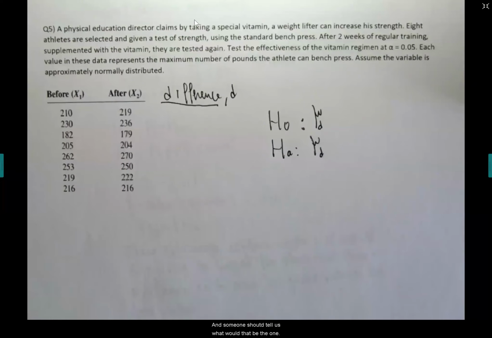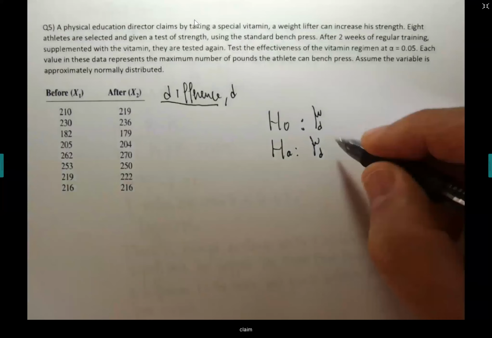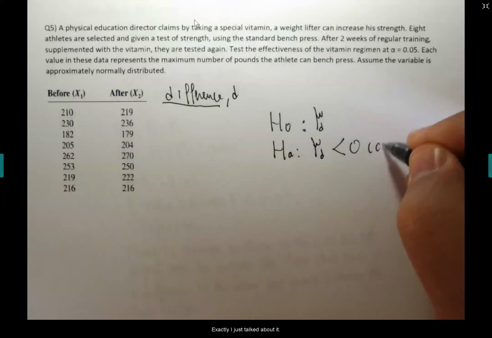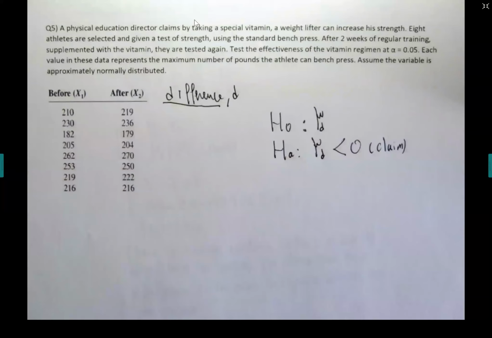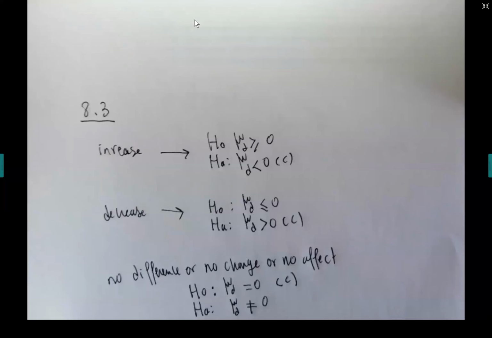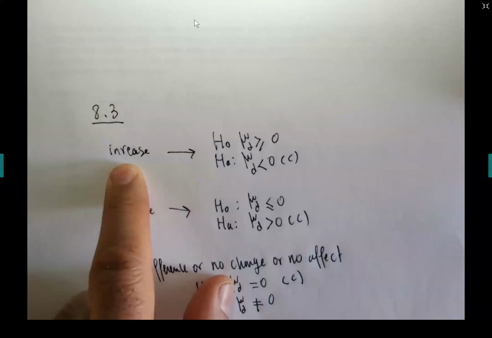What would that be, the word, the sign? Yes, less than 0. Claim, exactly. Just talk about it, guys. Stick to this handout. See, the word increase means less than 0. That's it.